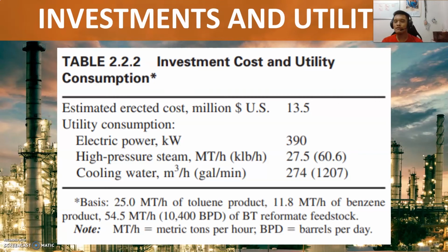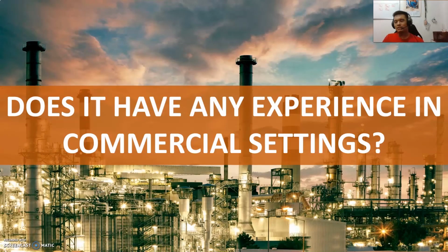The basis of these utility investments and consumptions is 25 metric tons per hour of toluene product, 11.8 metric tons per hour of benzene product, and 54.5 metric tons per hour of benzene toluene reformate feedstock.